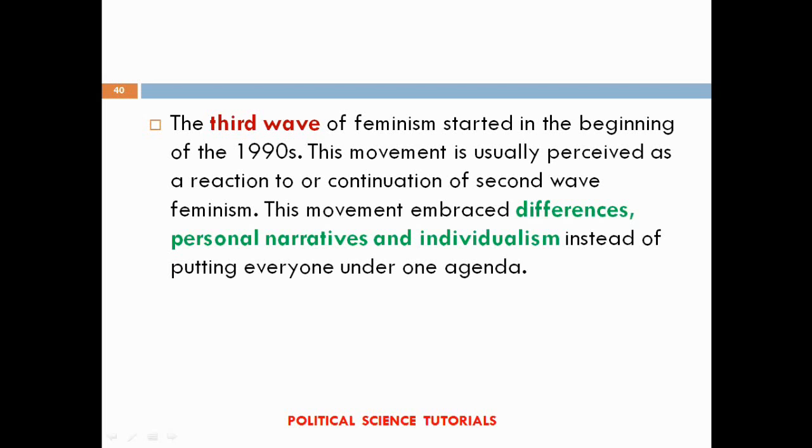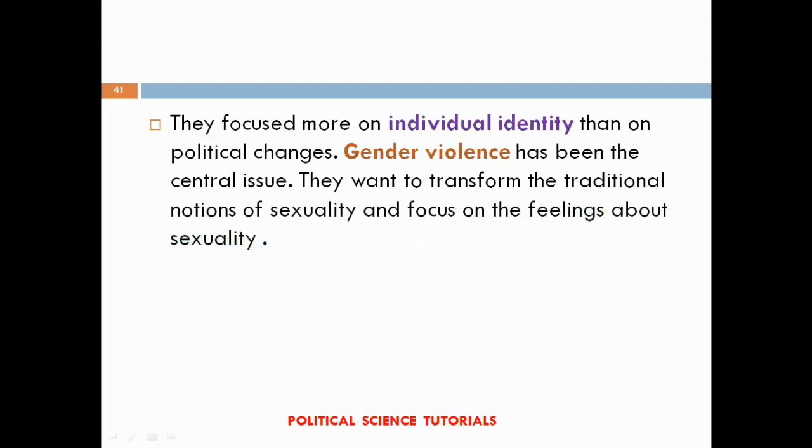They focused more on individual identity than on political changes. Gender violence has been the central issue. They want to transform the traditional notions of sexuality and focus on the feelings about sexuality.